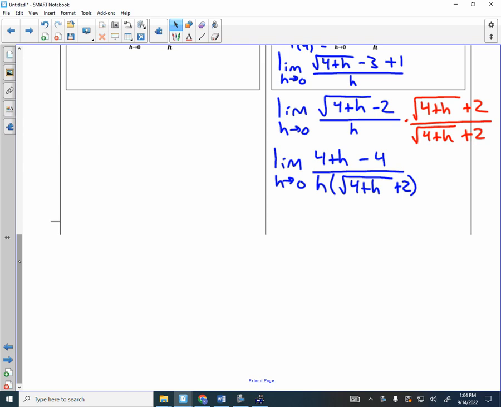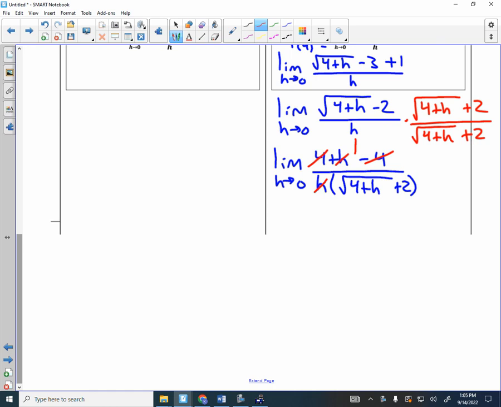So I'll take it easy on you guys. You don't have to necessarily write the next step. I will allow you to say, hey, what's going to happen to the 4s? They cancel, and then the h's cancel, so you're left with 1 on top. Please make sure you at least write a 1 on top so I know what you're doing. Get my point? So can I now plug in 0?